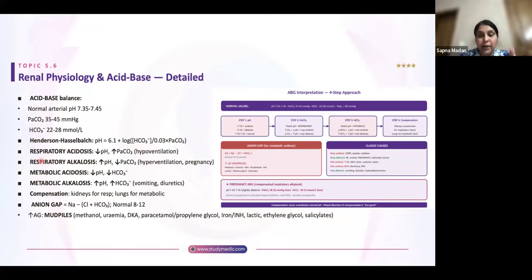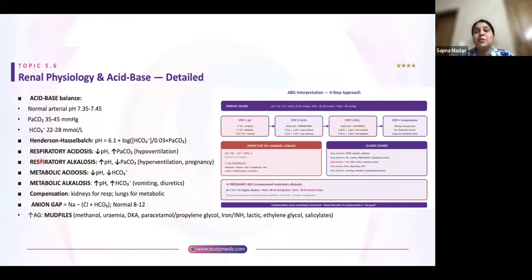If you're not able to make out, or if the carbon dioxide is in a compensated condition, then move to the bicarbs. If the pH is high and the bicarbs are high, then you're dealing with metabolic alkalosis. If the pH is low, so acidotic, and the bicarbs are low, it is metabolic acidosis.